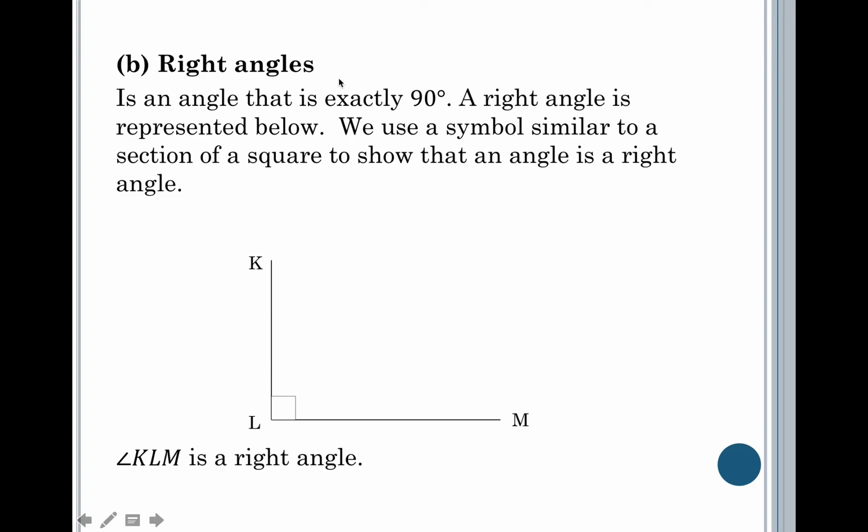Right angles are exactly 90 degrees. You also have this symbol of a box where the vertex is. So L would have this little box representing that it is 90 degrees. So angle KLM is considered a right angle.